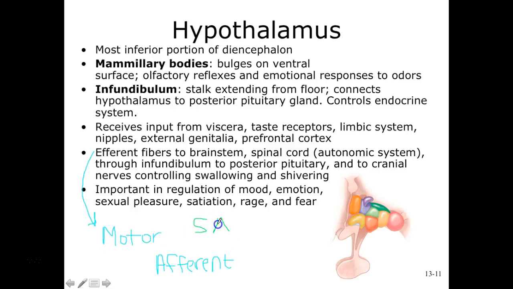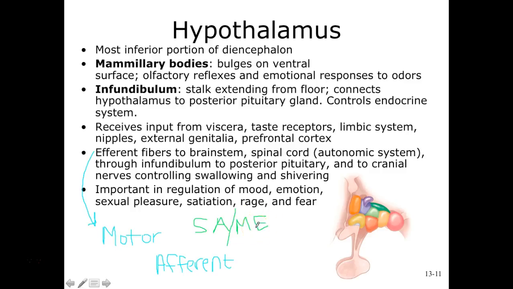S-A-M-E. So S for sensory, A for afferent. I always like to separate these because this means the same thing, sensory and afferent. And motor and efferent mean the same thing.